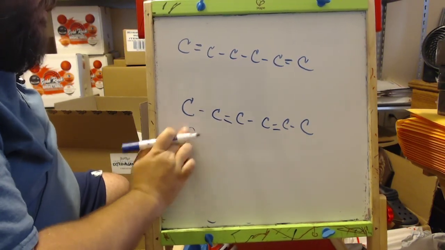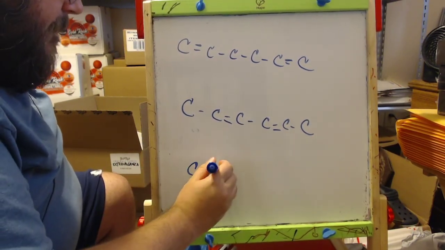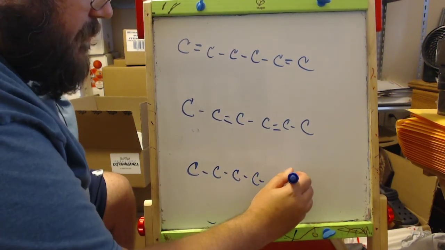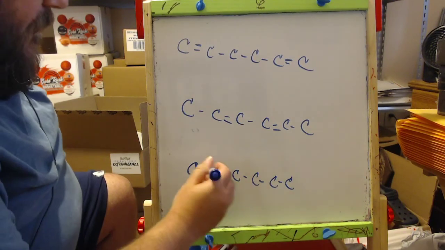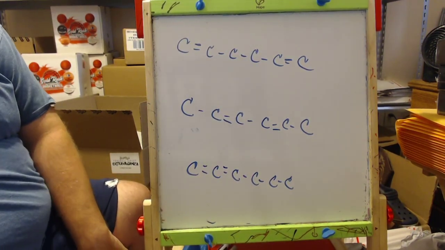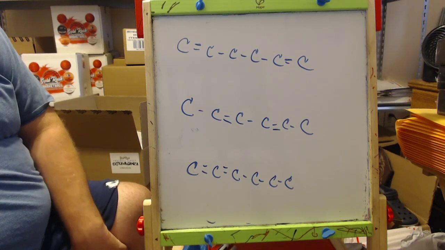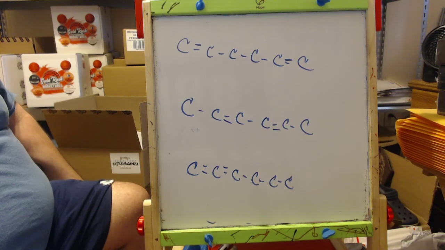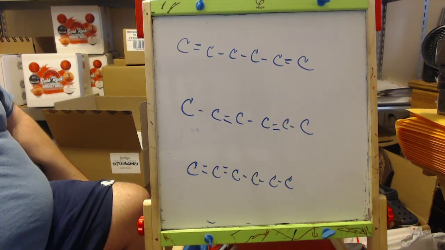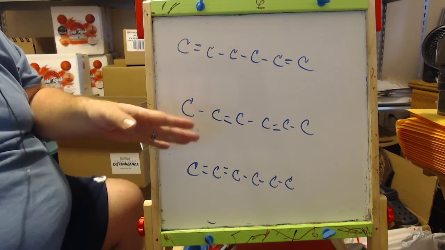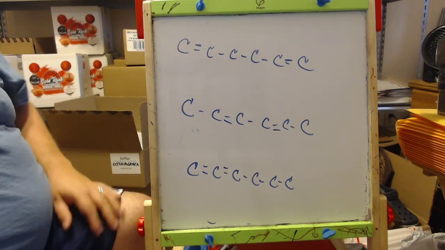Or I could be, let me get a little bit lower here, right next to each other, multiple different ways. 3, 4, 5, 6, let's say here and here. Where my double bonds are located relative to each other, they have different names.